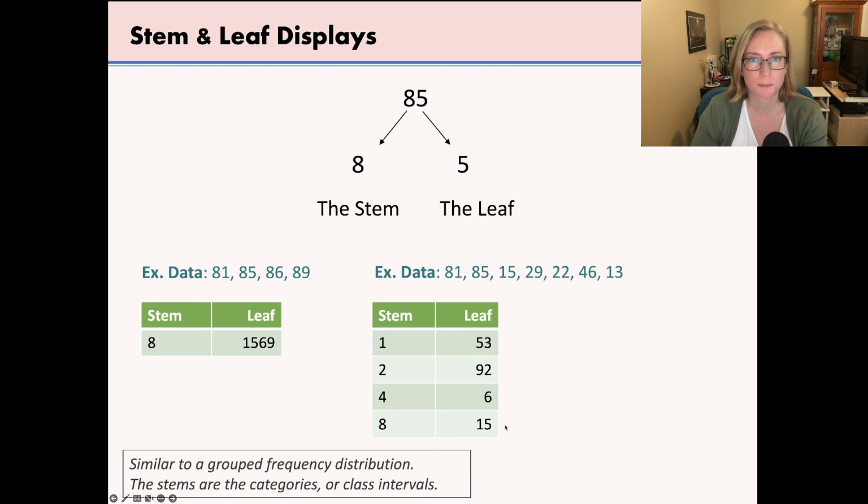So this is very similar to the grouped frequency distribution where we make class intervals, but this is reliant on the word that I can't think of, the tens digit, not the decimal point. I guess it would be the decimal point, but basically 10s, 20s, 30s, and 40s, right? So the stems are the categories based on whether we're talking about 20s or 40s.